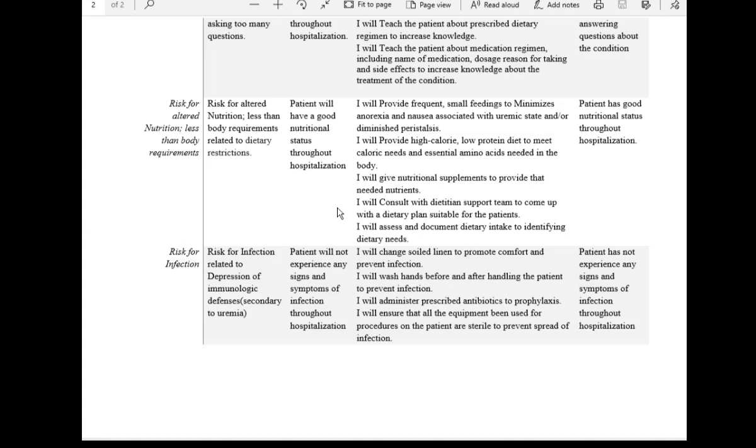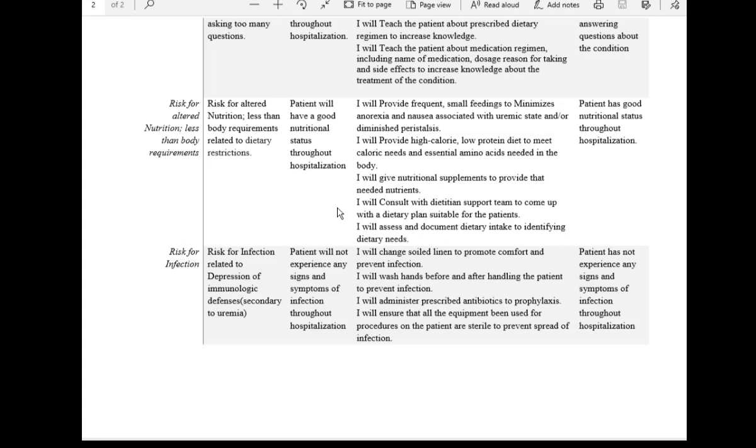So as you know, in acute renal failure, you find that because of alteration in the renal system, there will be depression of the immune system. And the depression is secondary to uremia, which is increased toxins in the body.